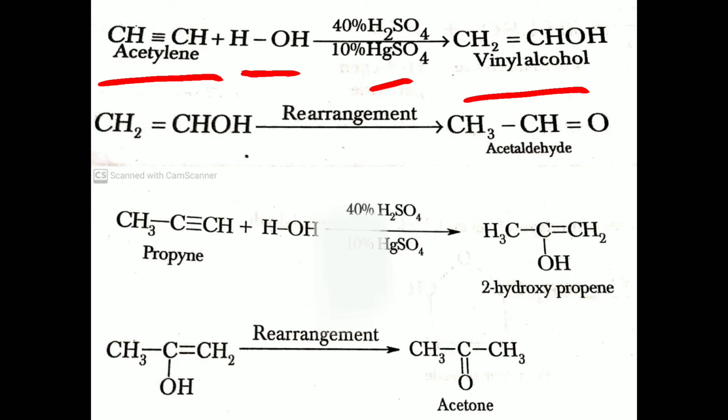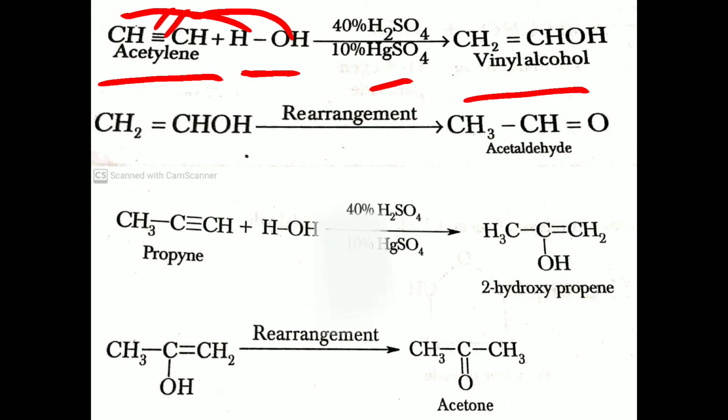For the formation of vinyl alcohol, this H reacts with this carbon, this OH reacts with this carbon atom, the triple bond has to break down, and then we get the double bonded compound.